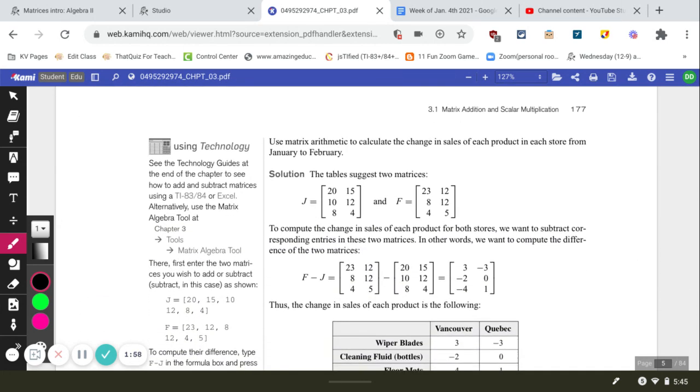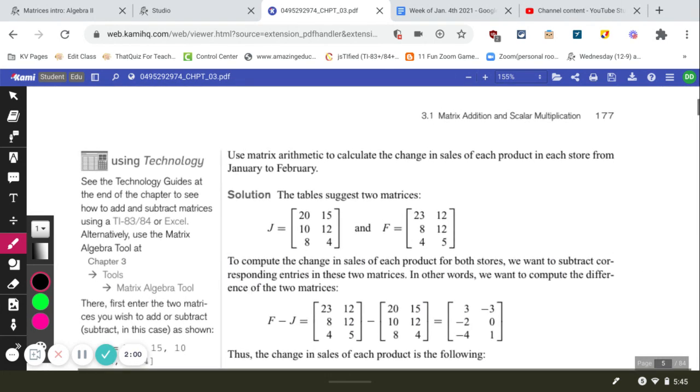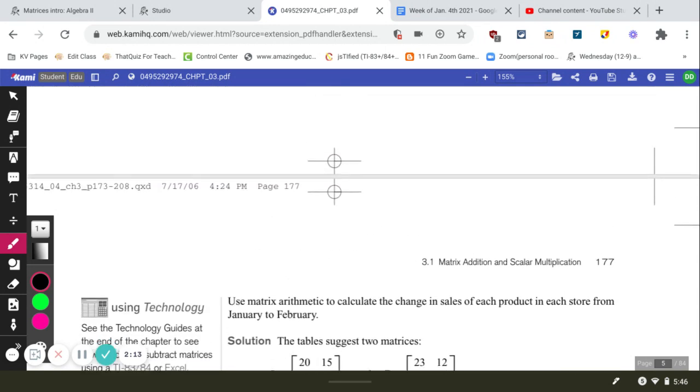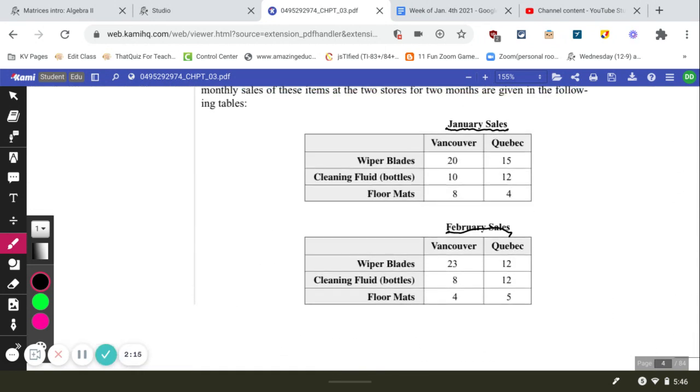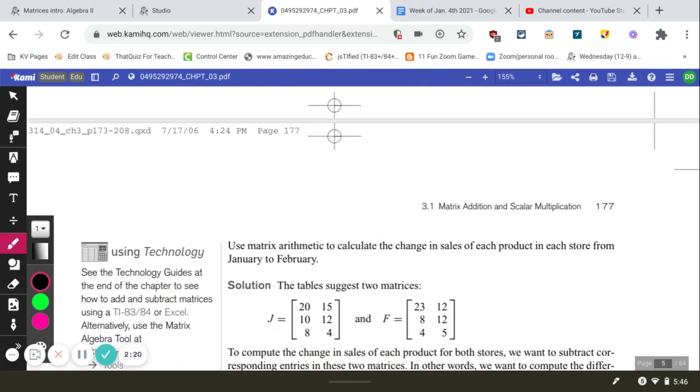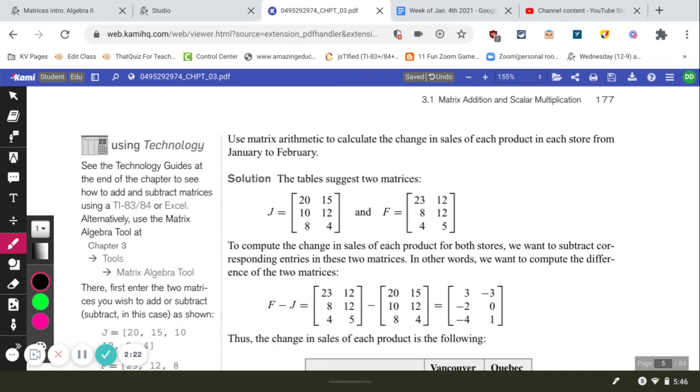Actually, I guess I should show the question first. The question is, use matrix arithmetic to calculate the change in sales of each product in each store from January to February. Typically you wouldn't do addition or subtraction with tables, but what they do is rewrite the information so that a matrix can represent the situation.